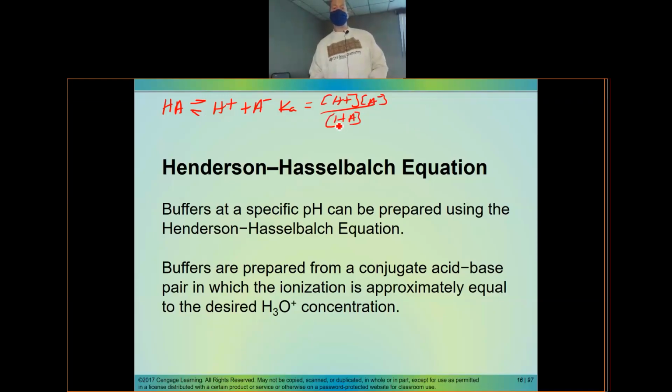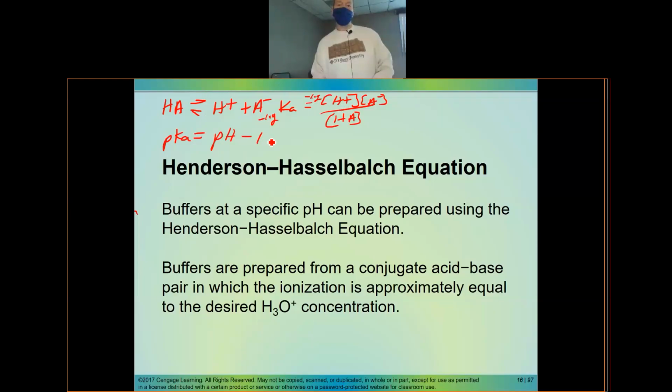Henderson-Hasselbalch just says, well, just take the negative log of both sides. So we take the negative log of this side, negative log of that side. The negative log of the Ka, well, that's the pKa. The negative log of H plus, well, that's the pH.